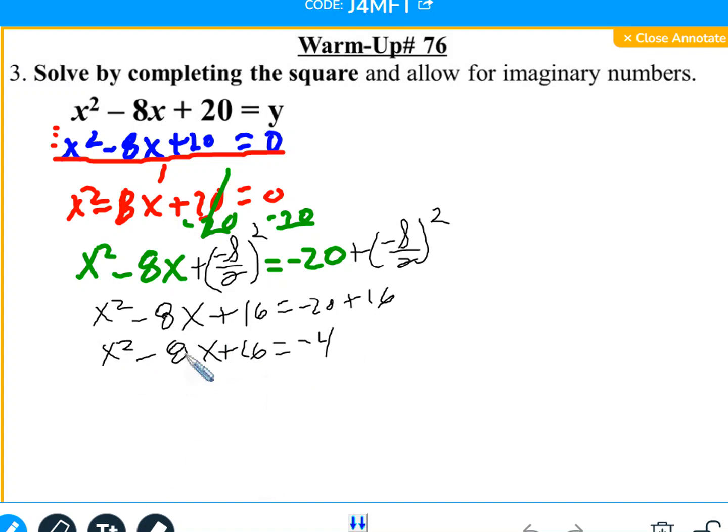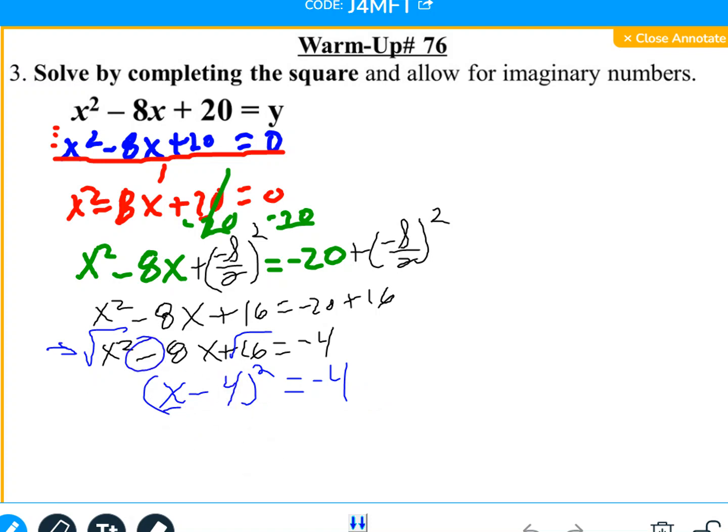Then we need to find the factors of this trinomial. So, something squared. What'd you get there, Jessica? X squared is x. Square root of 16 is 4, and then the sign of the middle.